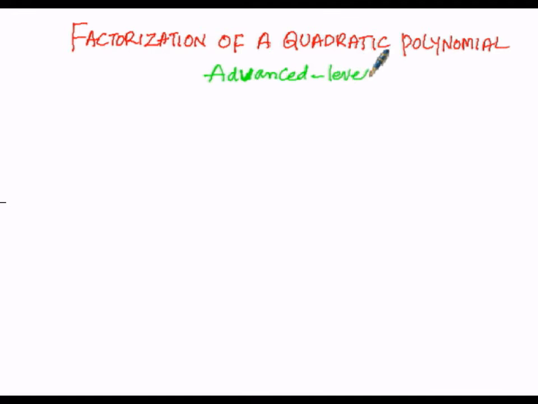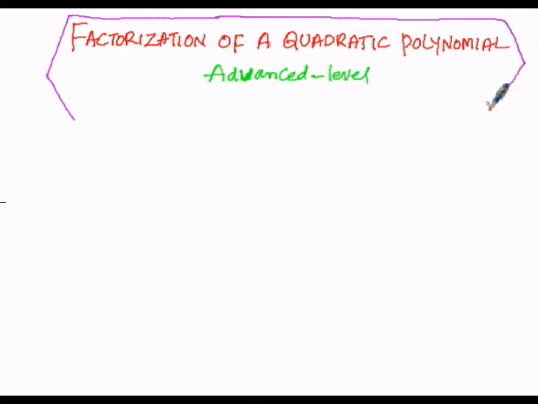So here we are going to factorize such quadratic expressions which are in the form of x square plus bx plus c, in which a is the coefficient of x square, whereas x is the variable in it, b is the coefficient of x and c is a real constant.